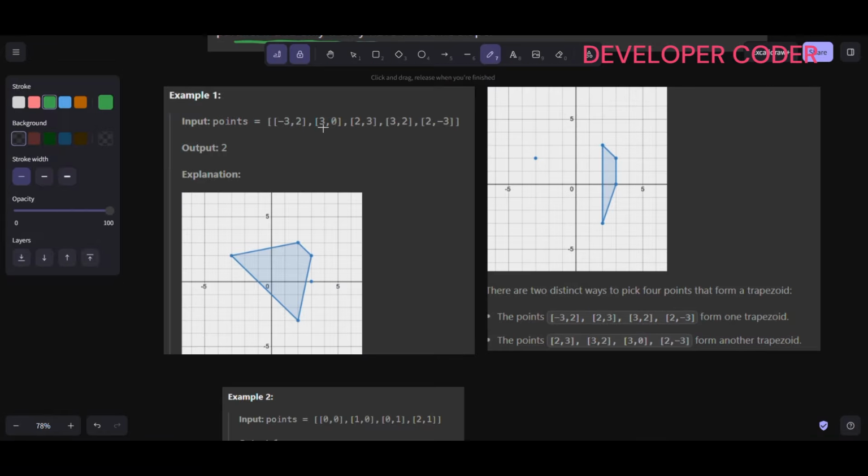So here these are 5 points given to me, right? So let's say this is P1, this is P2, this is P3, this is P4, and this is P5, right? So here if I mark these points, this is nothing but 0, 1, 2, and this is 3. This is 1, this is 2, this is 3.